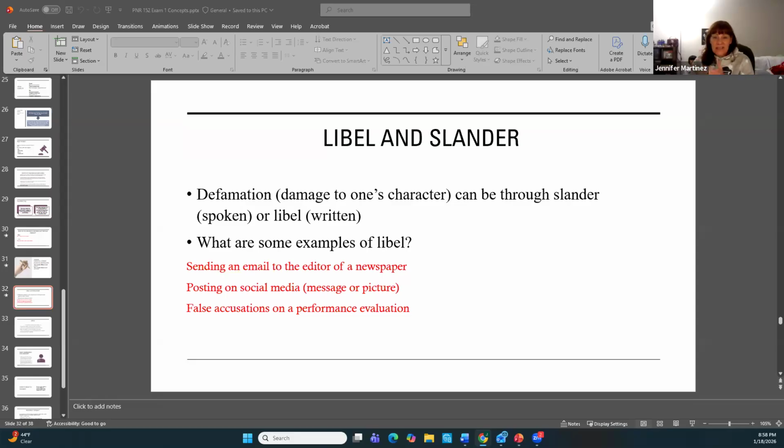So obviously if I say it, right? But libel can be a variety. It could be sending an email to the editor of a newspaper, posting on social media. It could even be false accusations on a performance evaluation. It could even be when you're documenting in a patient chart, writing negative things about the patient in the patient's chart.